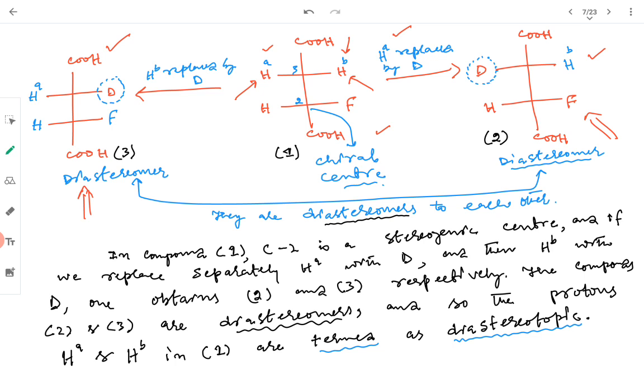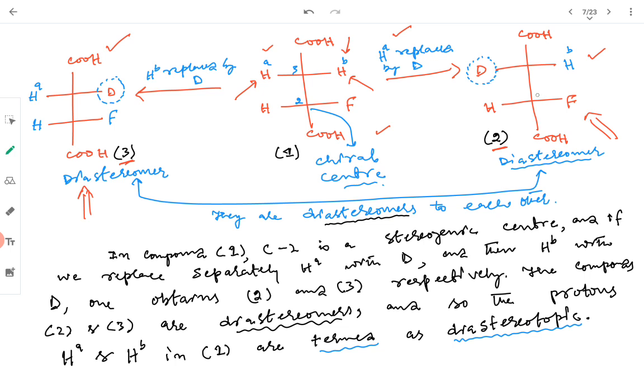If you correlate compound number 3 and compound number 2, you will see that these stereoisomers are actually diastereomers of each other. Why? Because these stereoisomers have the same configuration at one chiral center and the opposite configuration at the other chiral center.